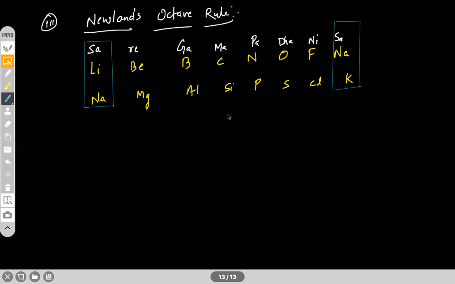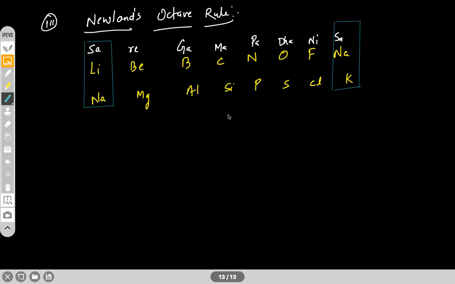But again, it is not valid for all the elements. All the elements could not be classified. Anant, your answer: noble gases were not discovered till then. When Newlands' octave rule was given, noble gases were not discovered.